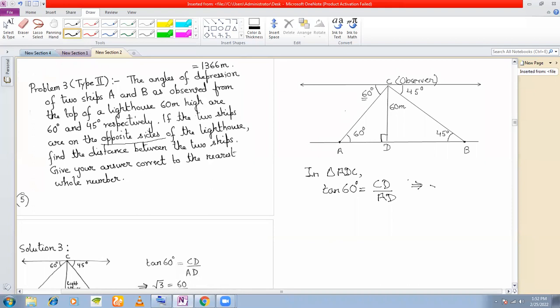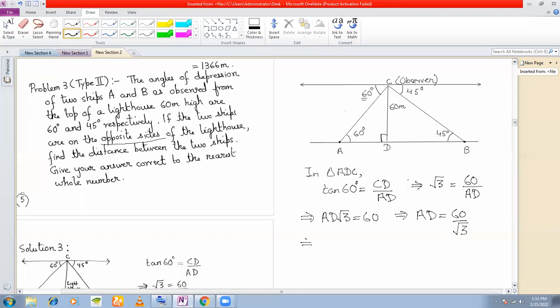Now tan 60, you know, is root 3. CD is 60, and we can find out AD from here. So after cross multiplying, we get AD into root 3 is equal to 60. That means we get AD is equal to 60 by root 3.